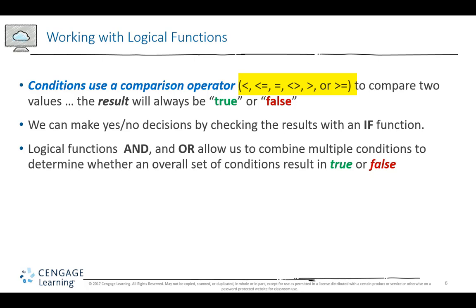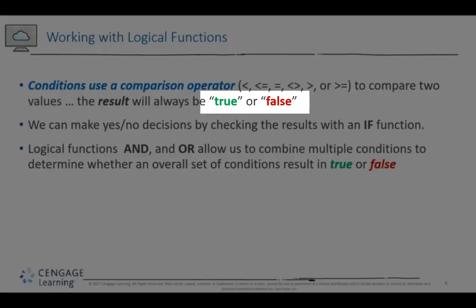These are the 6 relational operators available to us for comparing data. Note that the not equal to is the 2 arrows. The result of these comparisons will always be true or false. We are making yes or no decisions.